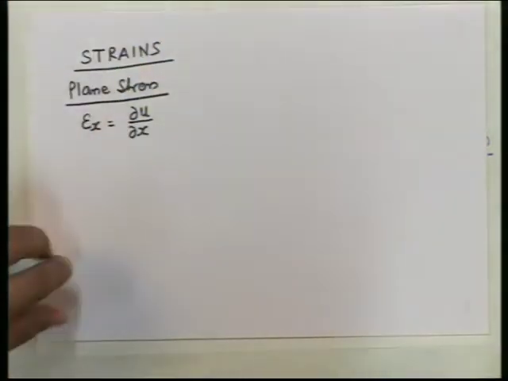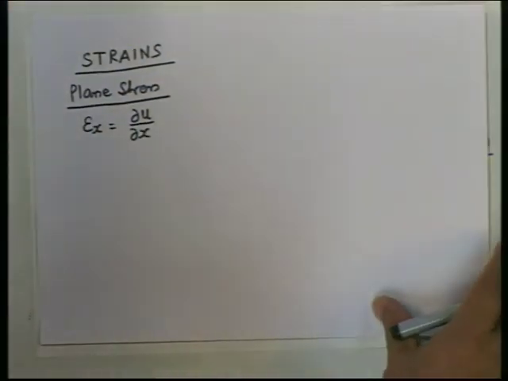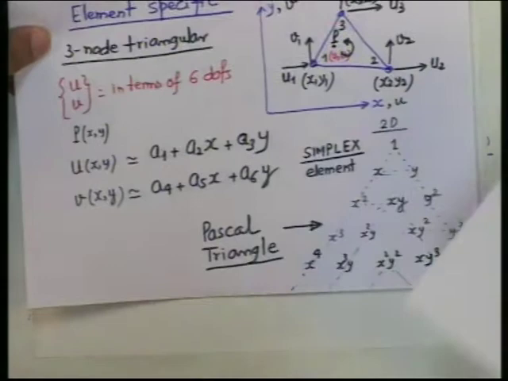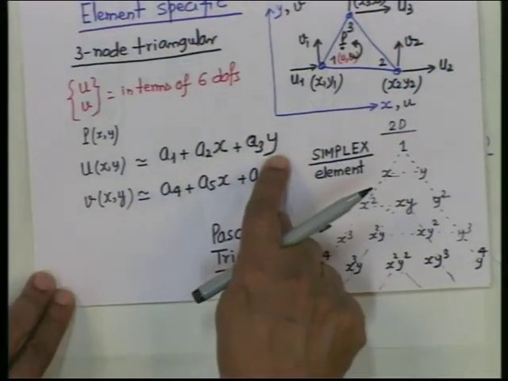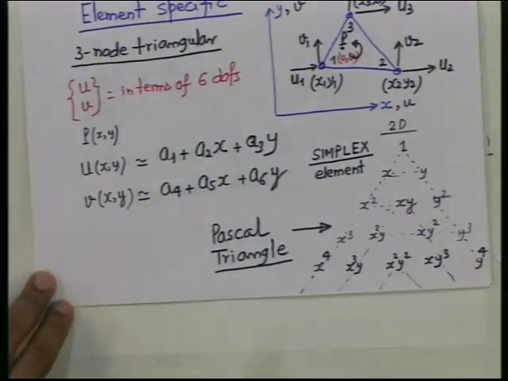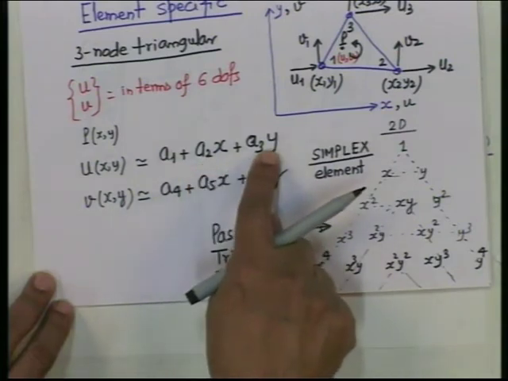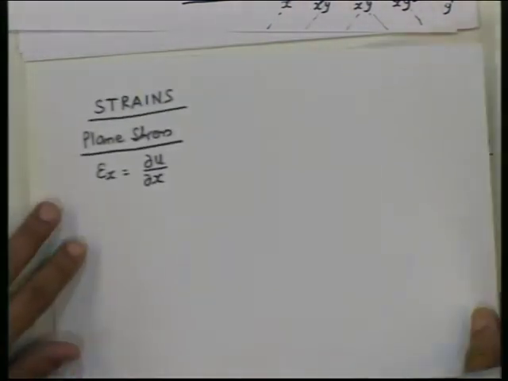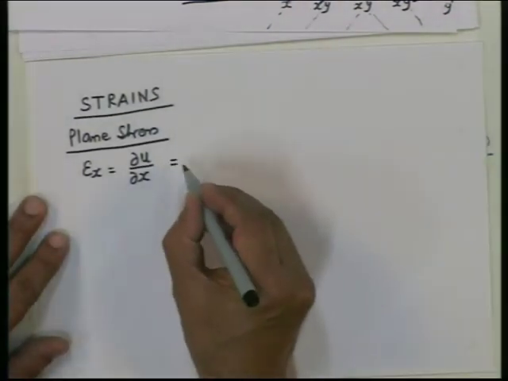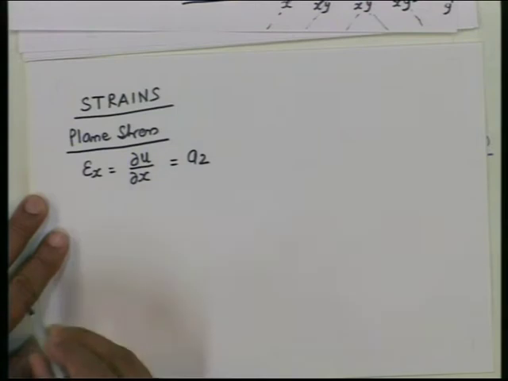It becomes very clear when you consider the original function, u equal to a1 plus a2 x plus a3 y. So du by dx is just a2, because the other terms will be 0. It will be a constant. Du by dx is equal to a2.